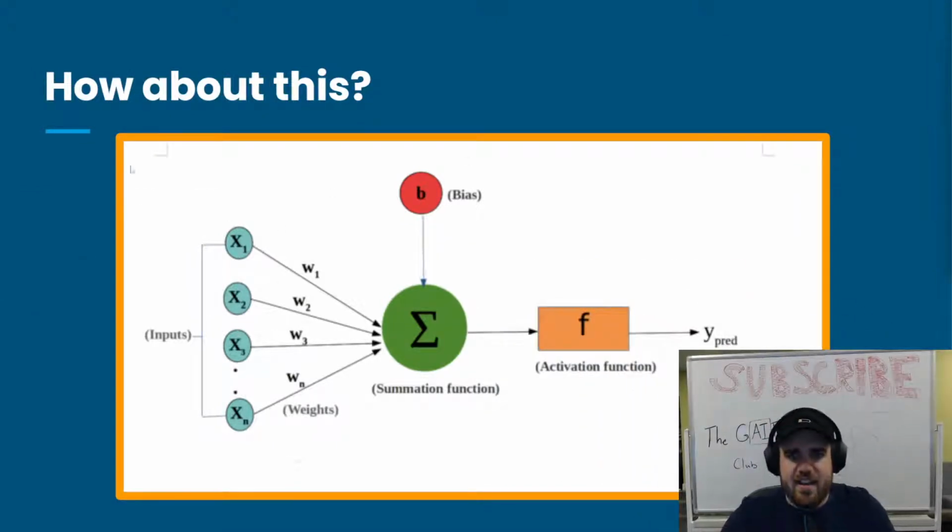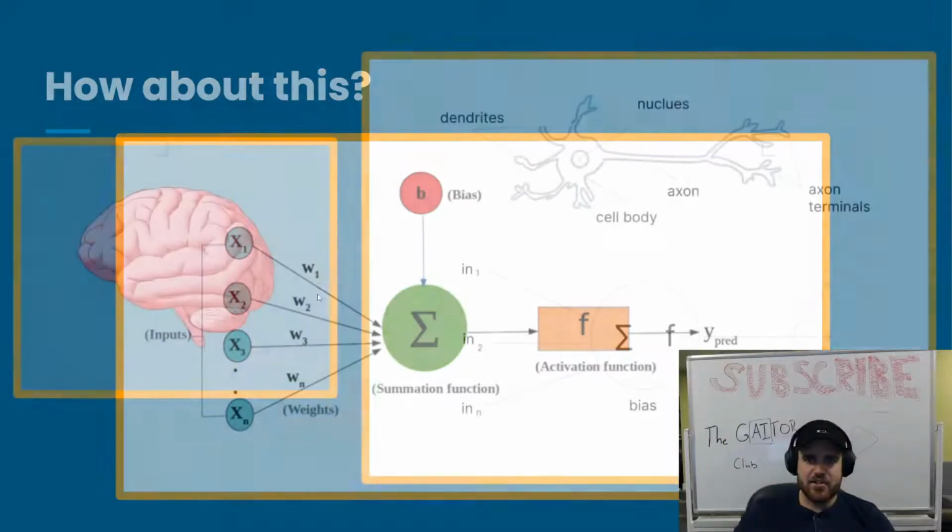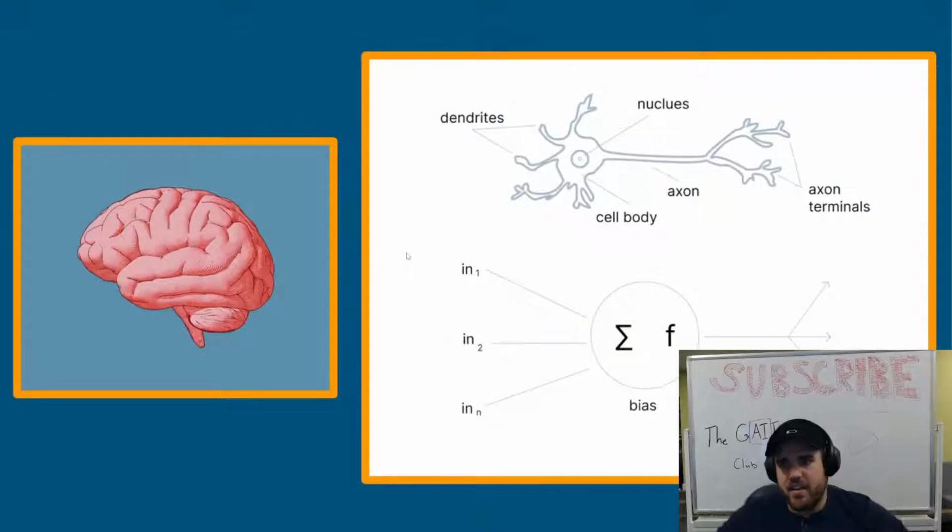Essentially we have these inputs, which are just variables, and we have these weights and biases. I'm going to talk about all this in depth pretty soon, but what you basically need to know is that machine learning is no different than just having a function. It's meant to sort of make an image of what a neuron does in your body.